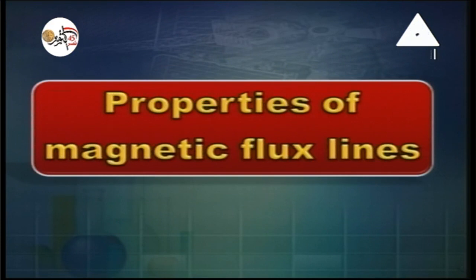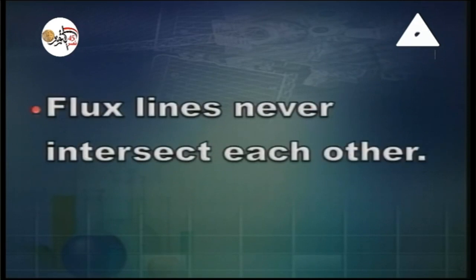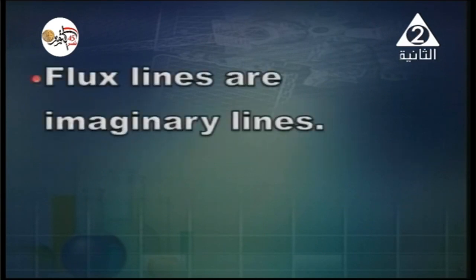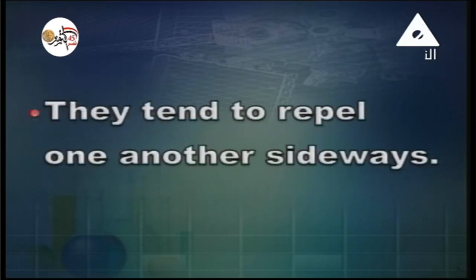And now, properties of magnetic flux lines. Flux lines never intersect each other. Also, flux lines are imaginary lines. They tend to contract, they tend to shrink.